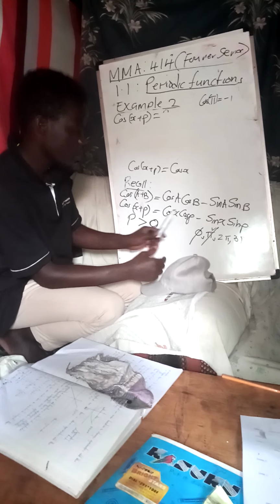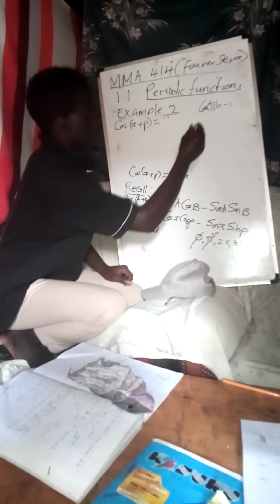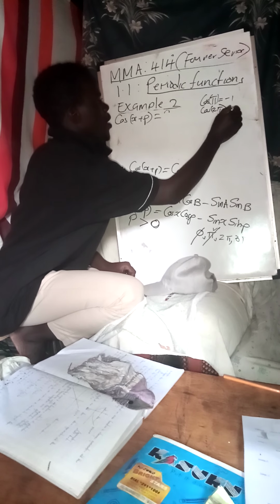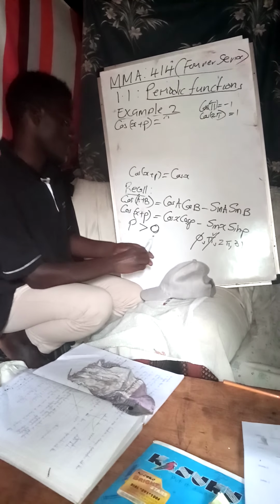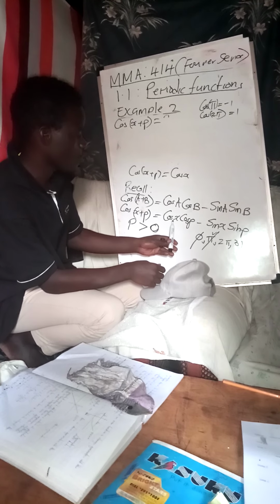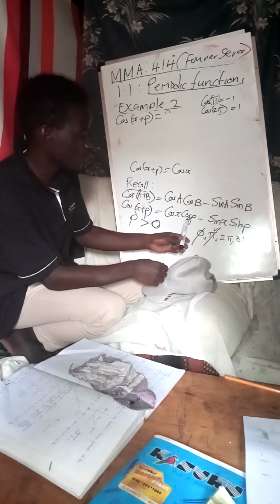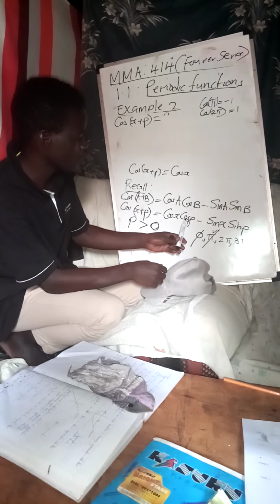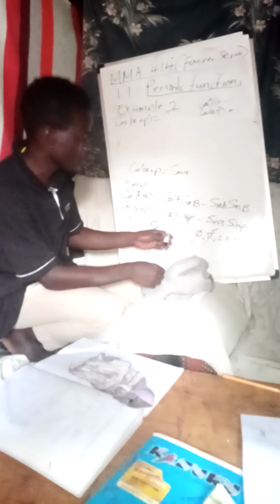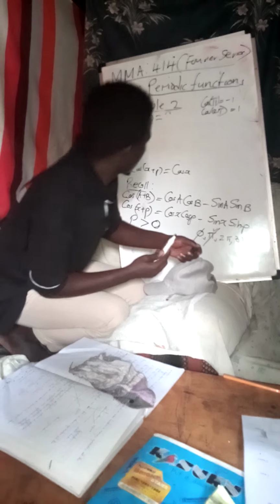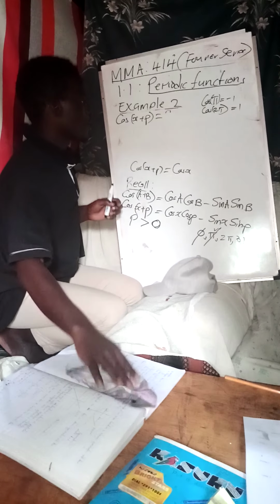So if our p is 2 pi, what is cos 2 pi? Cos 2 pi equals 1. If you substitute it here, cos of x times cos of 2 pi, because cos 2 pi is 1, it will be 1 times cos x, and then we'll get cos x.